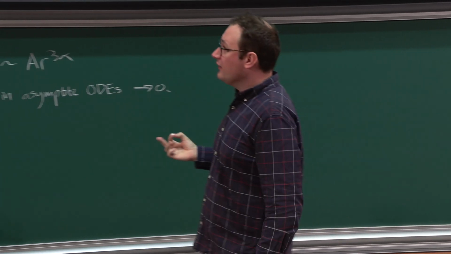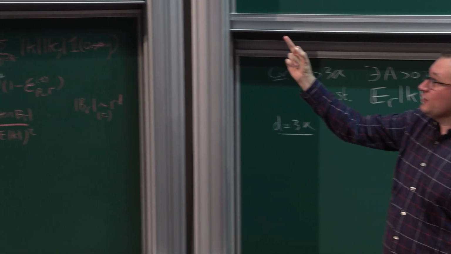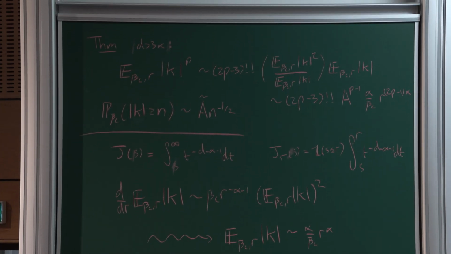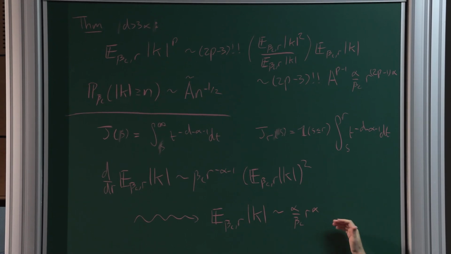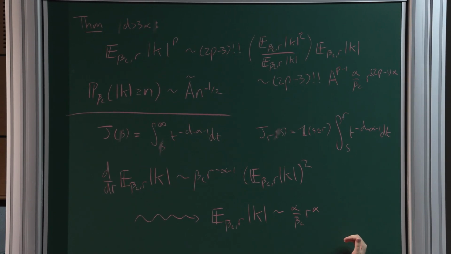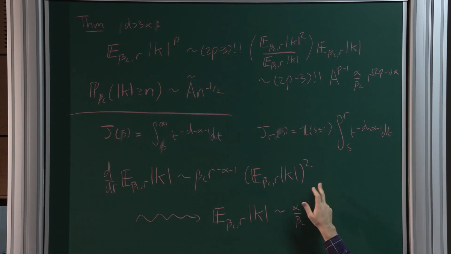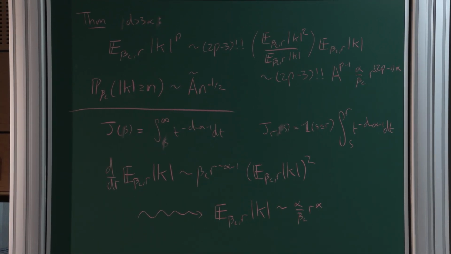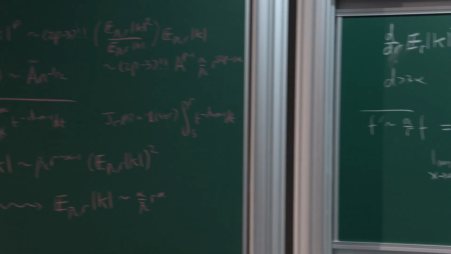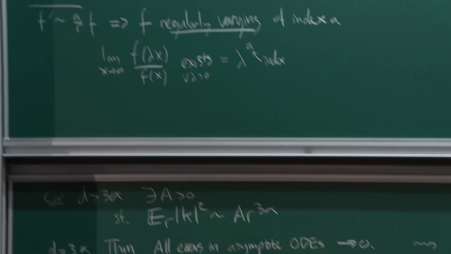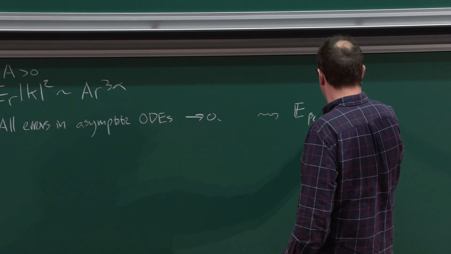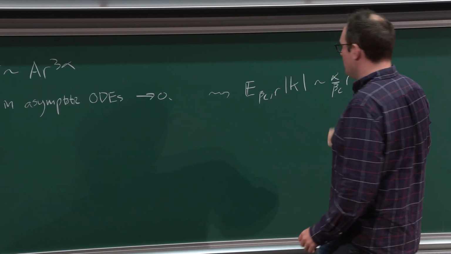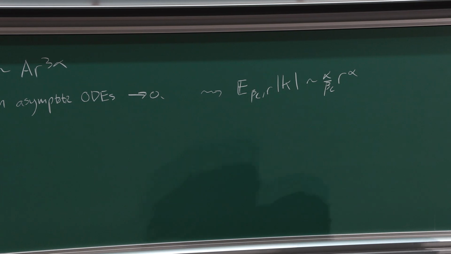So in particular, for the first moment, as we saw, the errors in the ODE will be reflected in the errors here, but you can go from first order to first order. So in particular, you get that the first moment has the same asymptotics as in the high dimensional case.